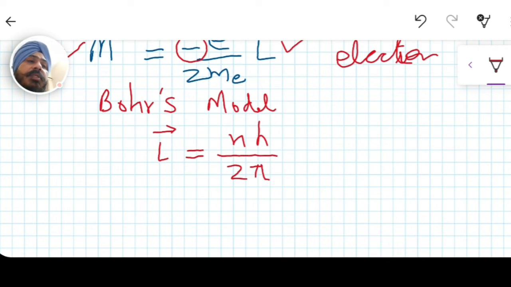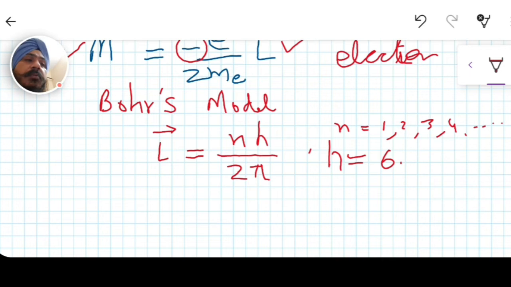Here n is the principal quantum number whose values can be 1, 2, 3, 4 and so on, and h is Planck's constant whose value is 6.63 into 10 raised to the power minus 34 joule seconds.